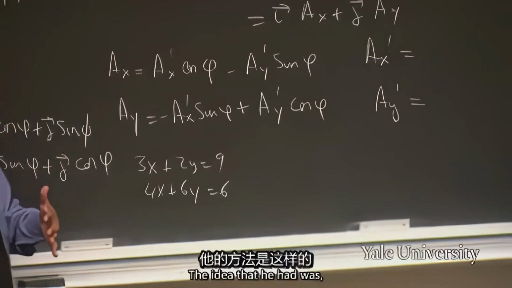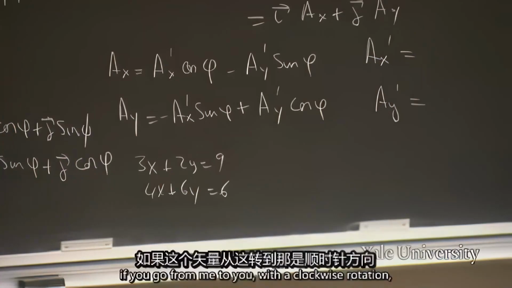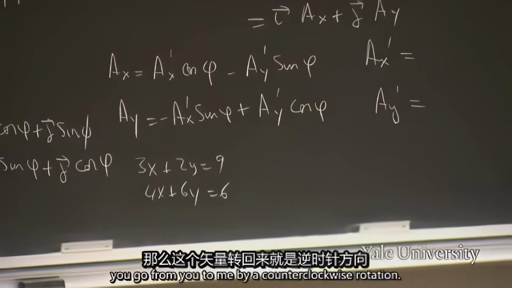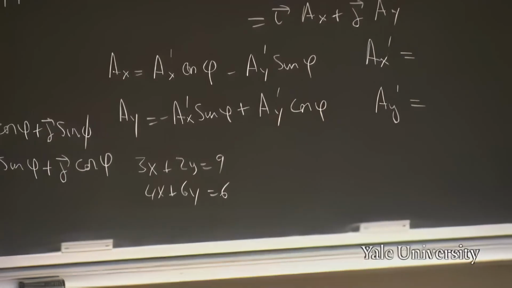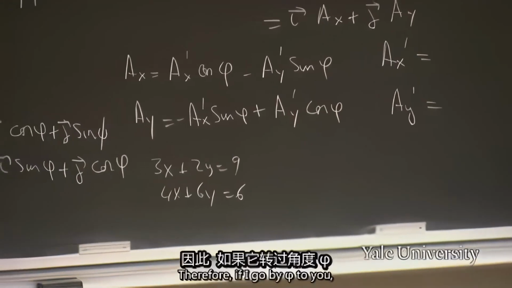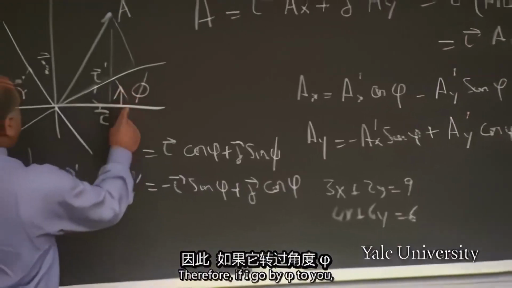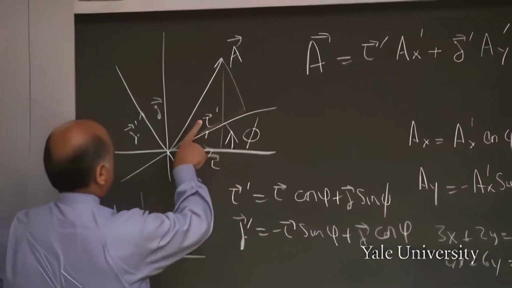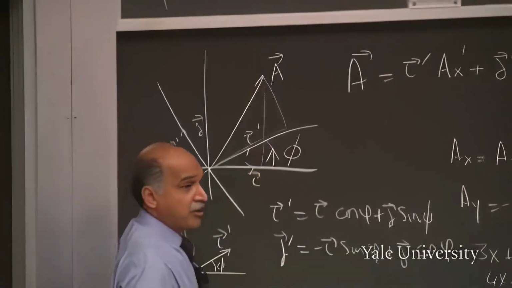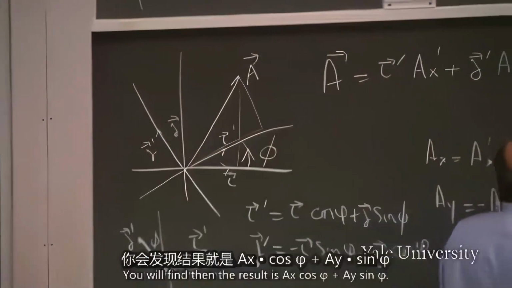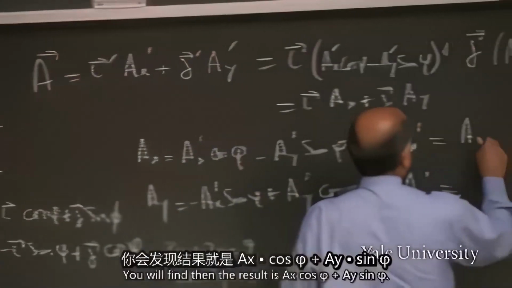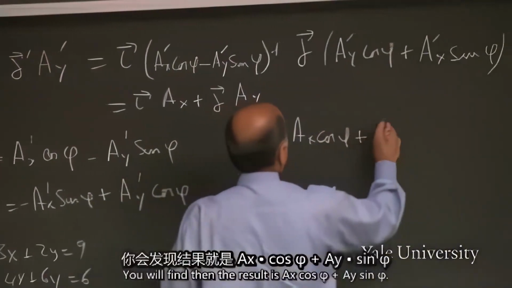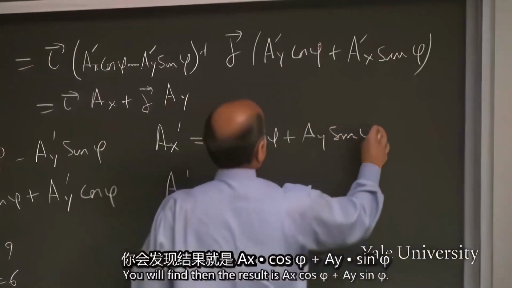And the idea that he had was, if you go from me to you with a clockwise rotation, you go from you to me by a counterclockwise rotation. Therefore, if I go by phi to you, then you must go by minus phi to come to me. That's correct. So you will find then the result is a_x cosine phi plus a_y sine phi.